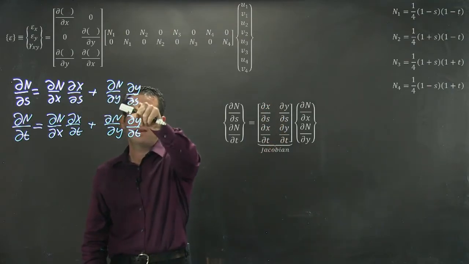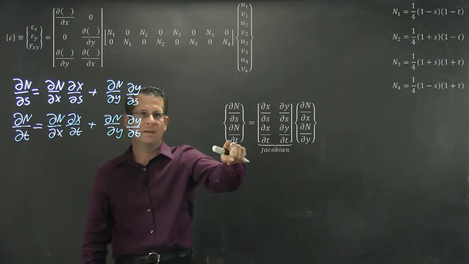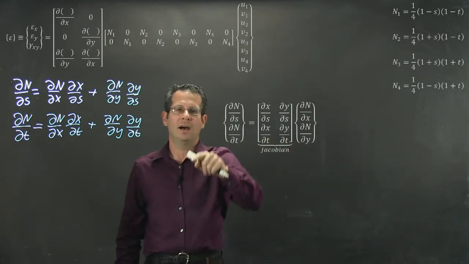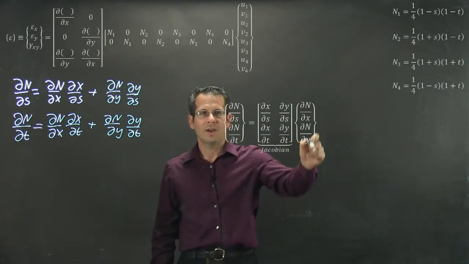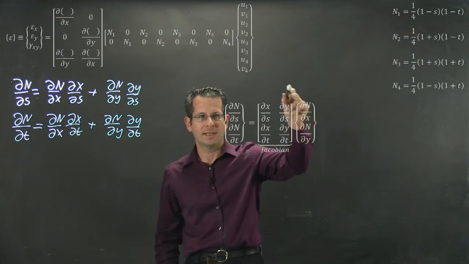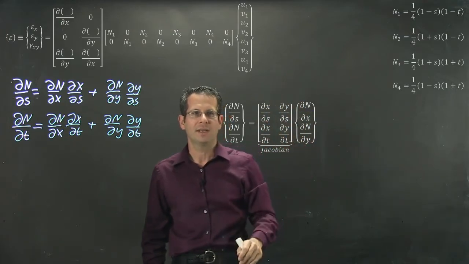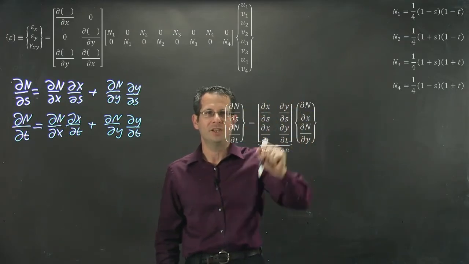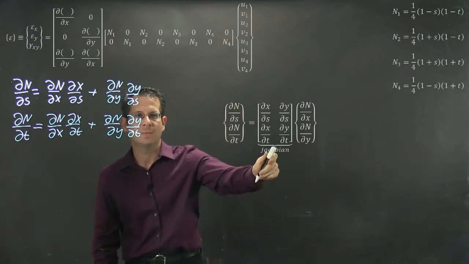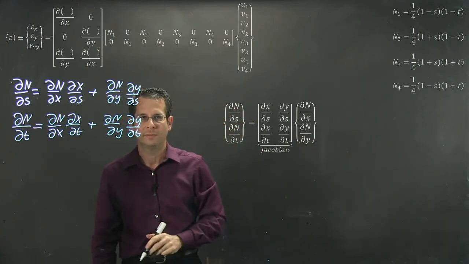That's exactly what I have here, and I could do the same thing for the second row. Note that I have a matrix here. It's a matrix of derivatives. This matrix is what I had mentioned before in a previous video. This matrix is called our Jacobian.